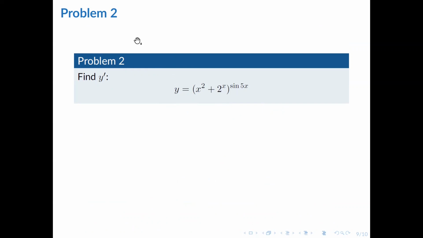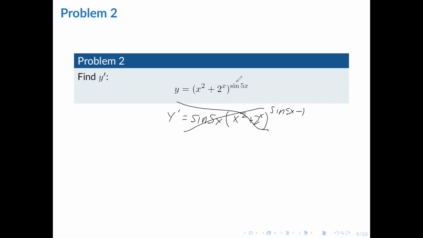When we differentiate this, for example, we want to get y prime, right? We can't simply use the power rule. We can't bring down sine 5x, for example, and then x squared plus 2x sine 5x minus 1. We can't do this.